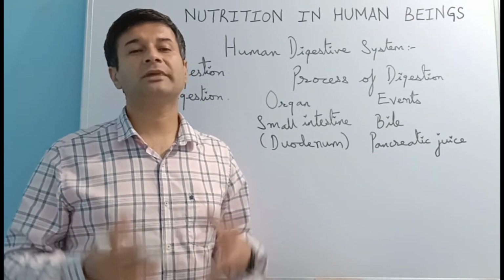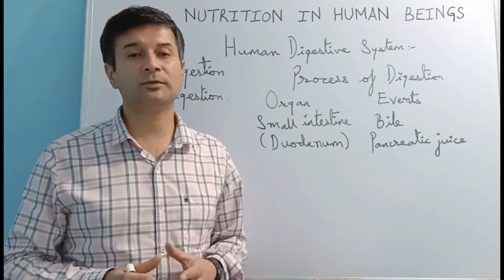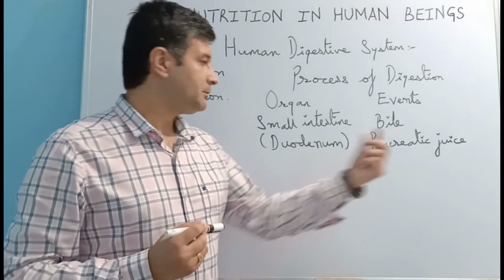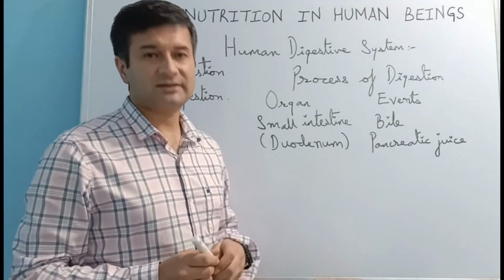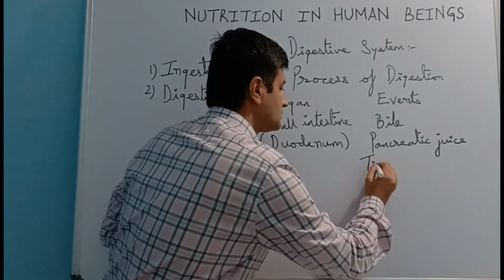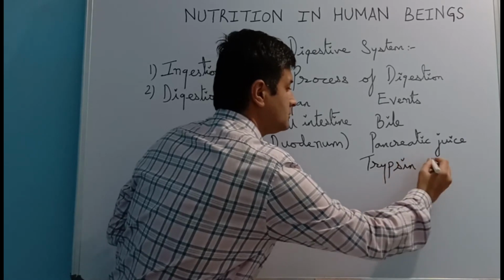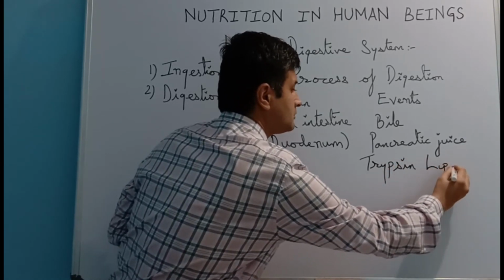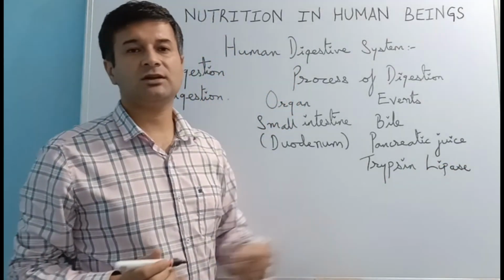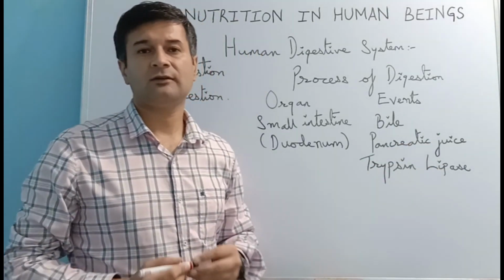Bile also breaks down large globules of fats into smaller globules so that the enzymes can act on it. Pancreatic juice contains enzymes like trypsin and lipase. Trypsin helps in the digestion of proteins, whereas lipase digests fats.